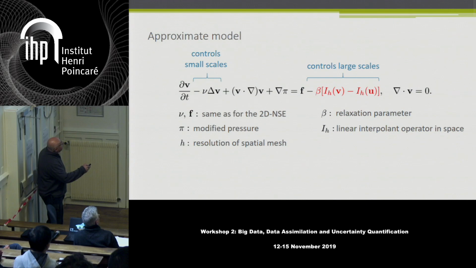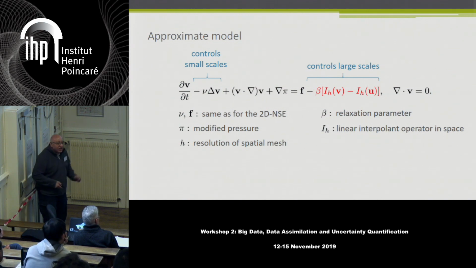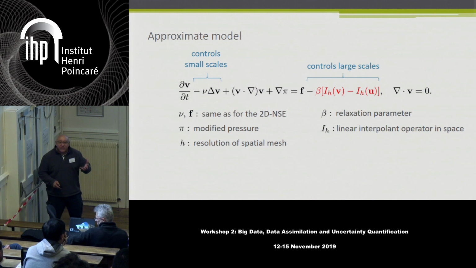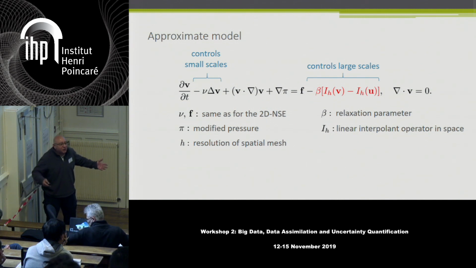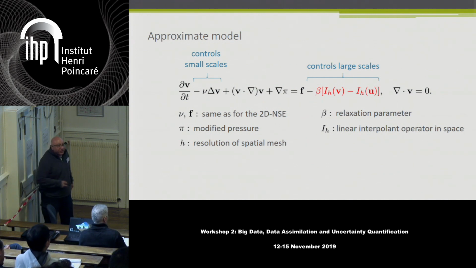It's exactly the Navier-Stokes. The black part is the Navier-Stokes part. However, I am adjusting with beta I_h. I_h is interpolation. You gave me the nodal values, for example. I can construct an interpolant operator from that, from numerical analysis. I can approximate by step functions, whatever is your favorite method. I call this I_h. So I_h of u is the observation that you gave to me. I_h of v is part of my algorithm.